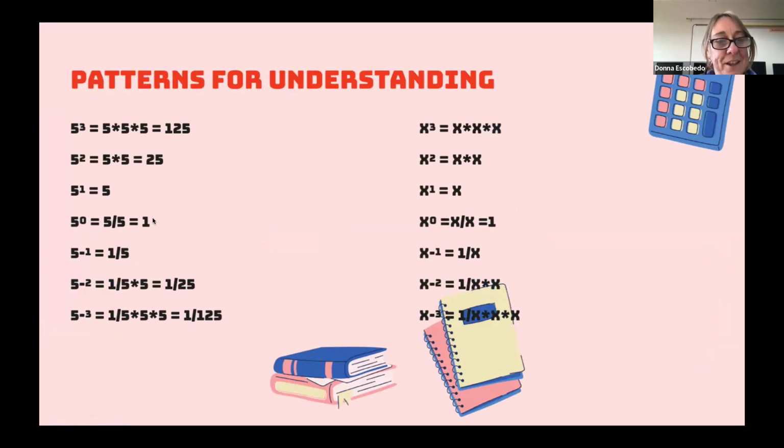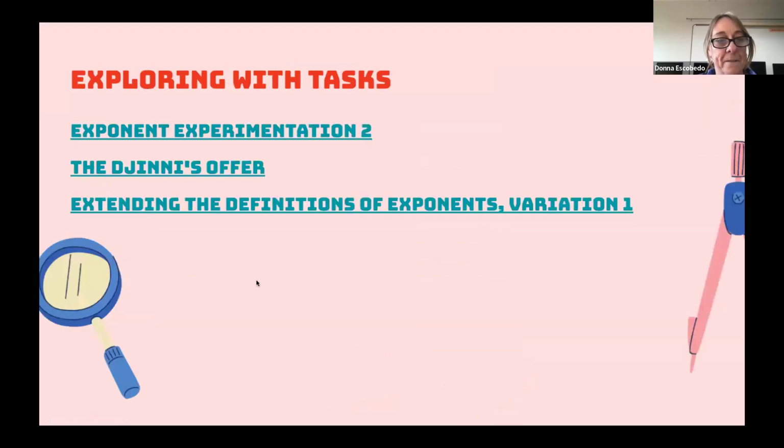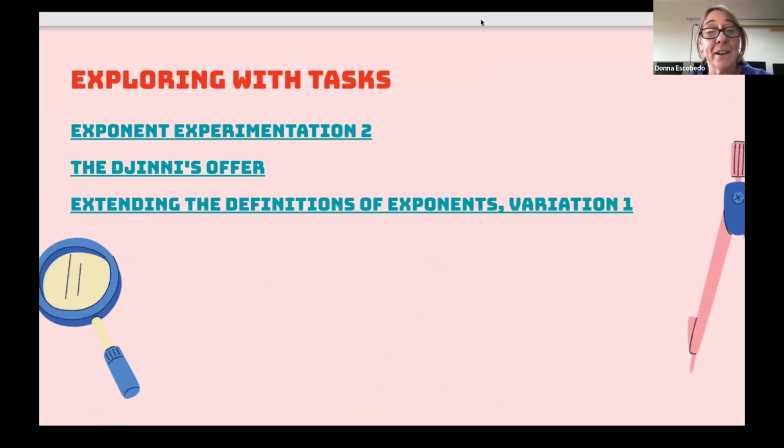So like we had talked about, if we're going higher, we're multiplying, but as we go down, we're dividing. So starting out with just getting them talking. And so that is how I like to start the class.